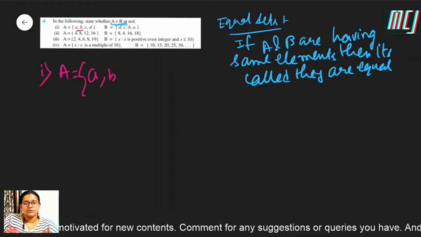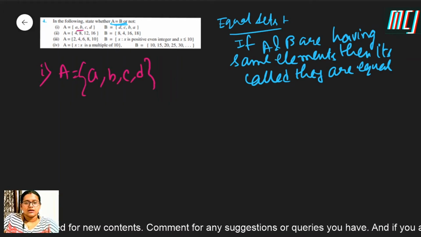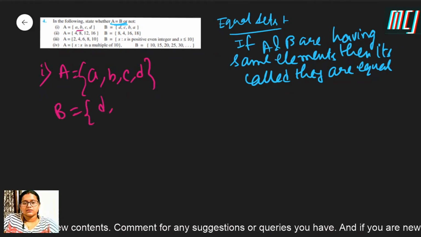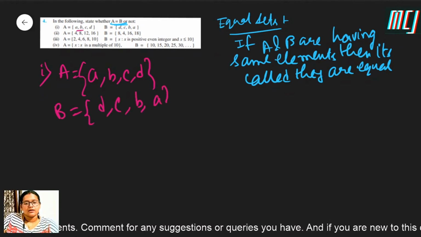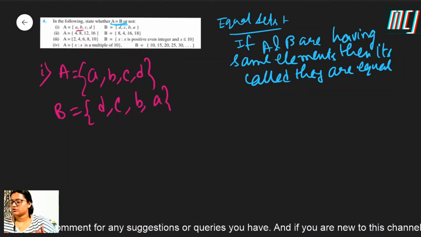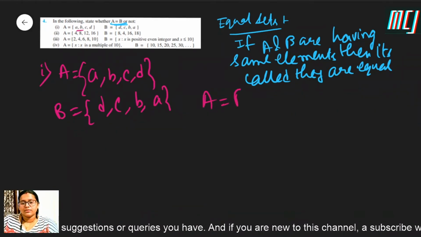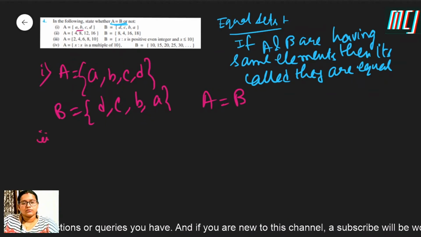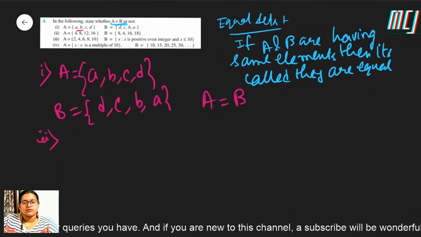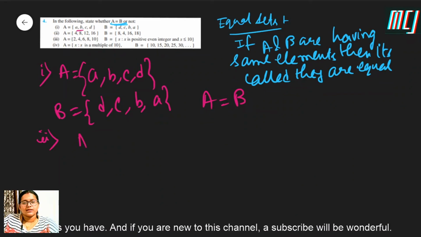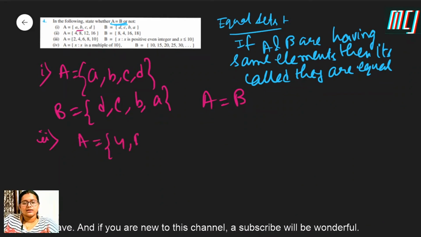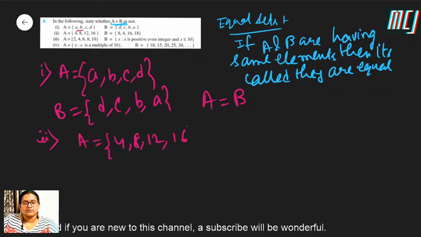A, B, C, D. In set B, what are the elements? B, C, B, A. So the elements are the same, which means these are equal. A equals B.